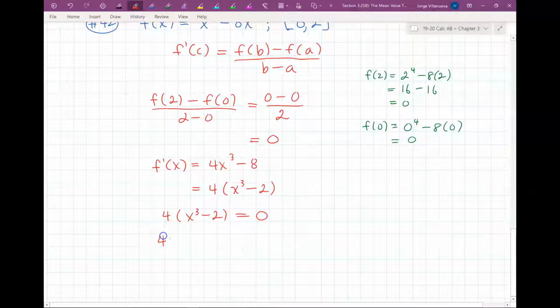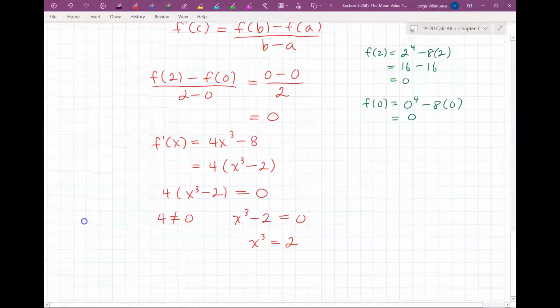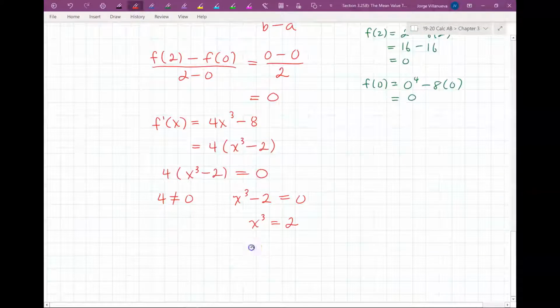Well, 4 equals 0 is not true, so we're just basically looking at x cubed minus 2 equal to 0. Okay, and if we solve, we get x cubed equals 2. And so that means that x has to equal the cube root of 2.